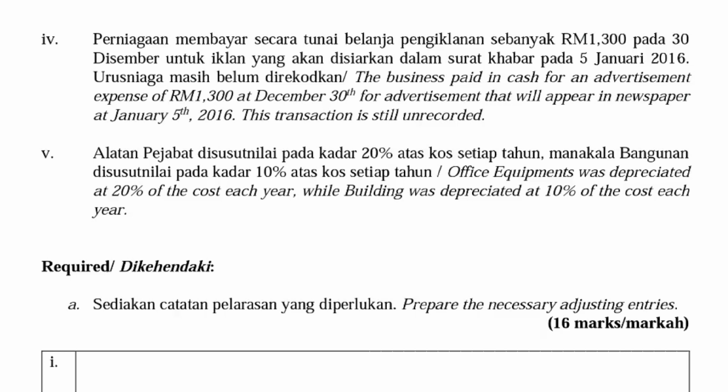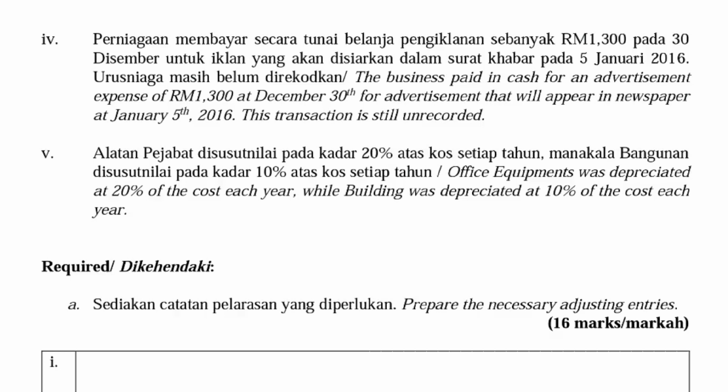The answer is, it is an expense for year 2016, because the advertisement will appear in newspaper on January 5th, 2016. You record the expense when it happened. Even though the business paid this in year 2015, the advertisement will appear in newspaper in year 2016.